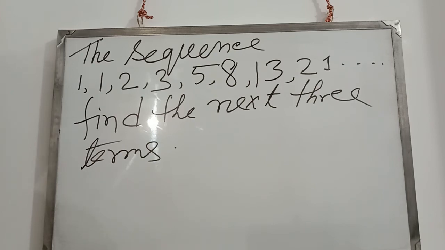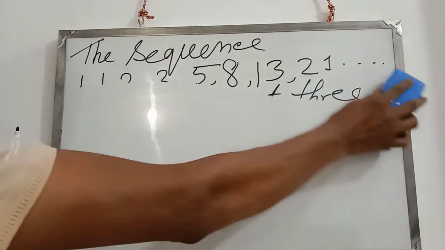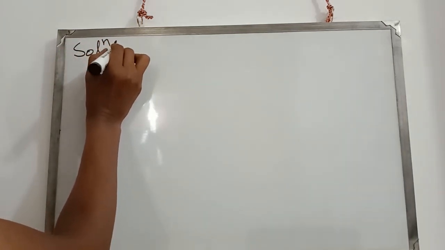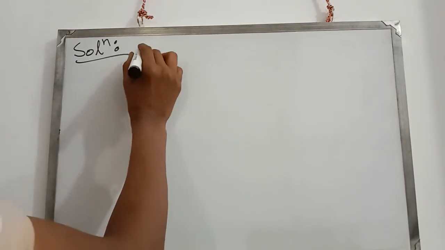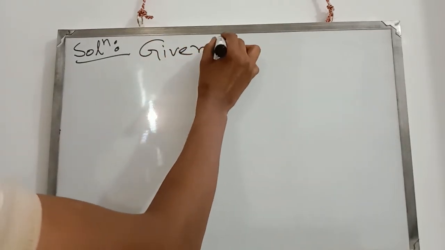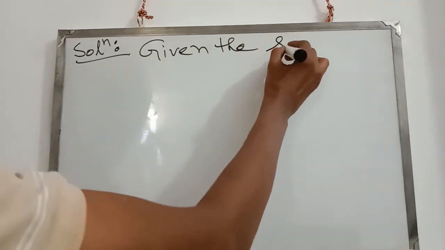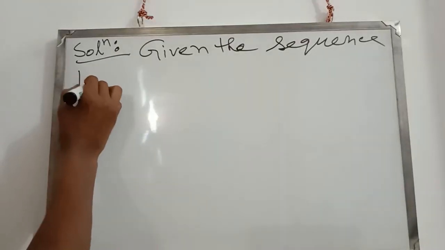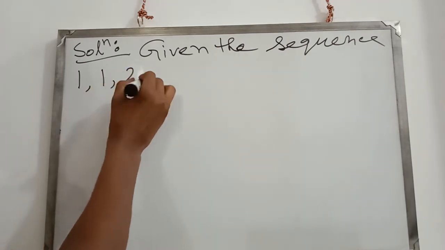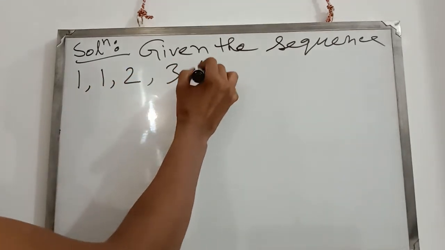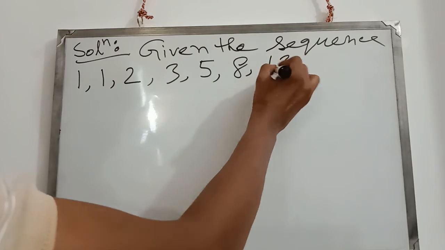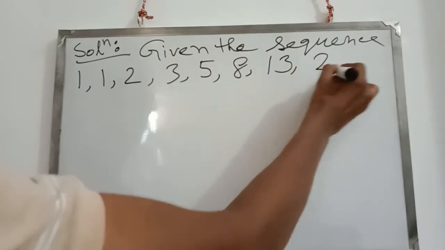Solution. Given the sequence 1, 1, 2, 3, 5, 8, 13, 21.